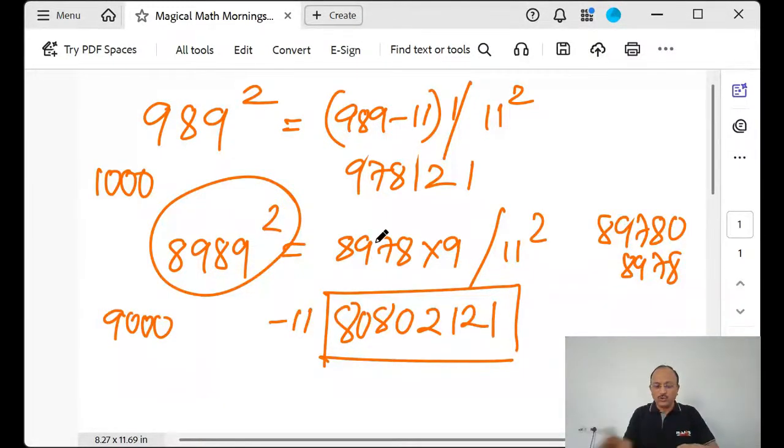Squares of numbers close to any base now, not only 100, 1000. You can do 20, 30, 40, 50, 60 like this, 200, 300, 400, or 2000, 3000, 4000, or 20,000, 30,000 also. Whatever is there, it's very easy. So just keep practicing and you'll become one of the best.